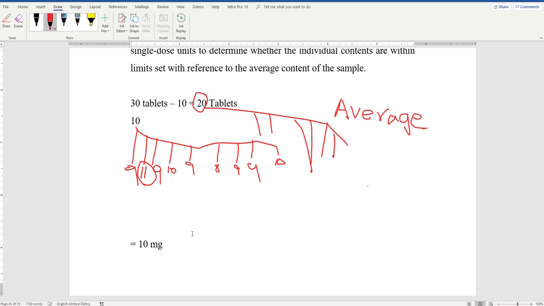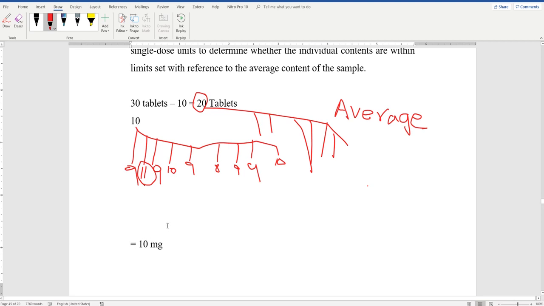Okay, what do you need to do after that? Calculate the percentage of each one of the 30 from the average. For example, 9 divided by 10 multiplied by 100%.